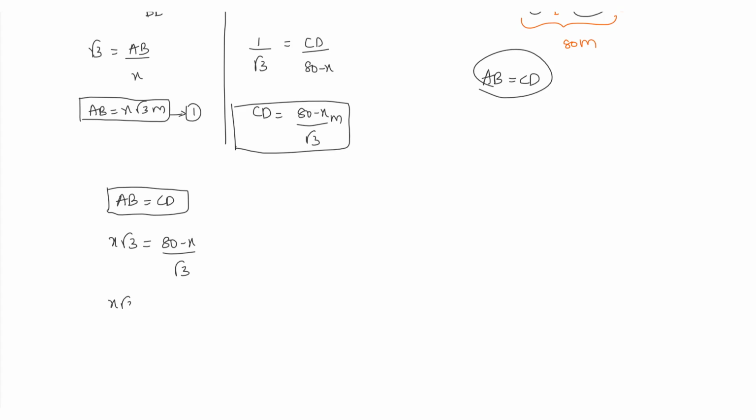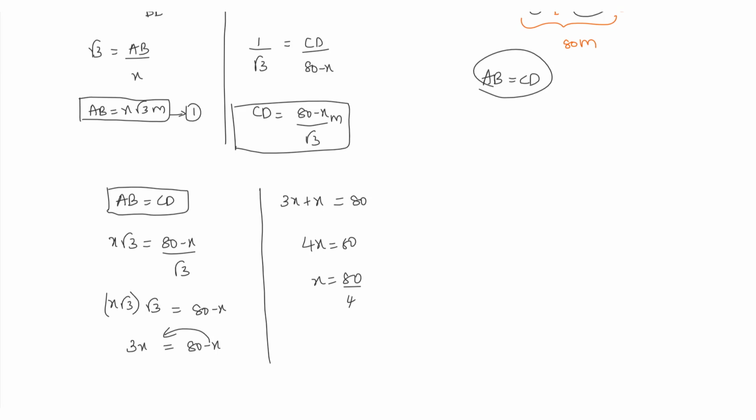That is x root 3 into root 3 is equal to 80 minus x. We get root 3 into root 3 as 3, so 3x is equal to 80 minus x. 3x plus x, this x goes to that side, is equal to 80. That is 4x is equal to 80, x is equal to 80 by 4. We got x as 20 meter.